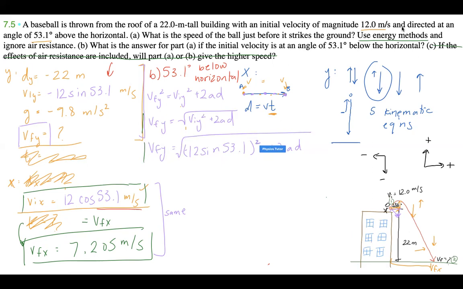So whether it's positive or negative, it's going to be the exact same thing, as long as the magnitude is the same, because A and D are the exact same as well. So we're going to have the same answer for VFY. I forgot what I wrote before, so I'm just going to plug that in again, but just notice how we're going to get the exact same answer.